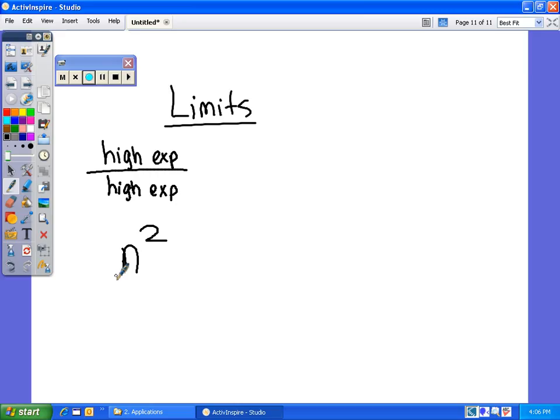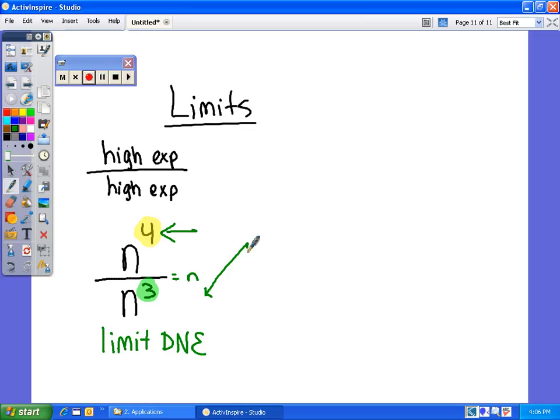If the highest is in the numerator, that means when you simplify this, you're just going to get n, which means that your limit cannot exist. You won't have a limit because if you were to divide or subtract these two, it equals n. And n, when you graph it, is just a line, and it never ends, so the limit does not exist.